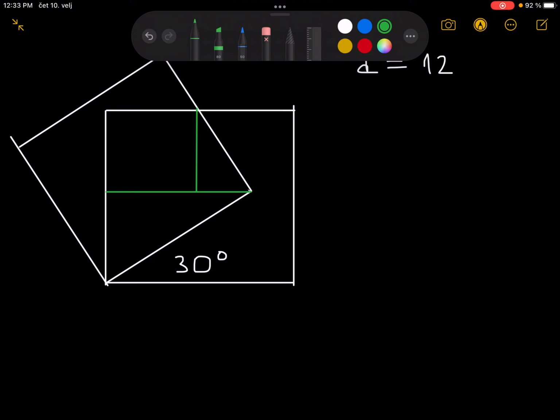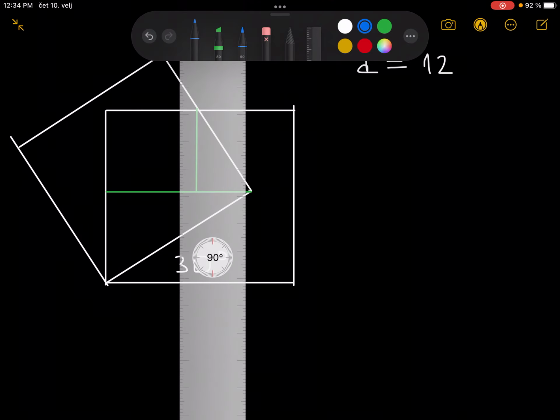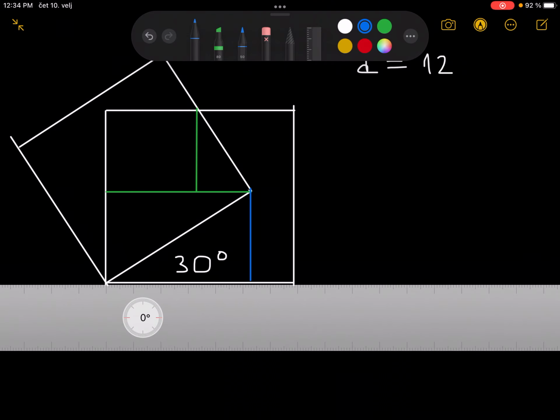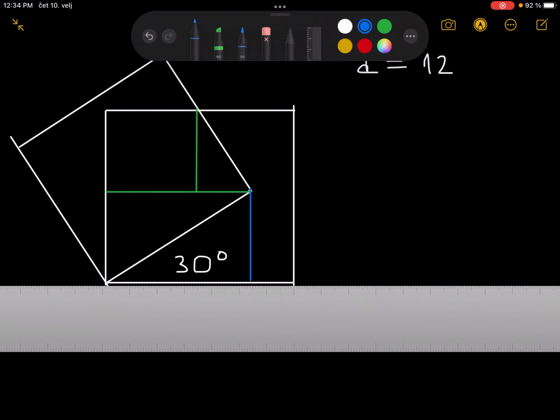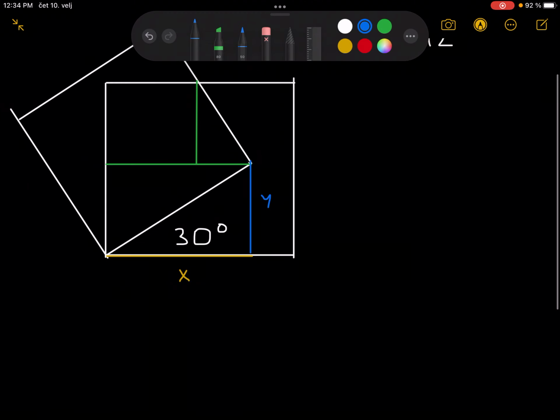Now I'm also going to put some lines, let's say in blue, just so that we get another triangle that's going to help us solve this problem. Okay, let's actually do this one in yellow. And I'm going to mark the yellow value as, let's say, x, and the blue one as y.